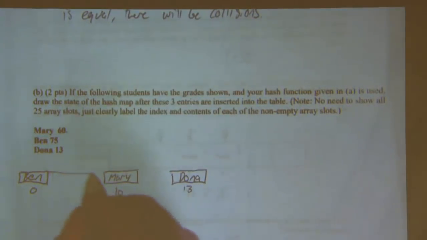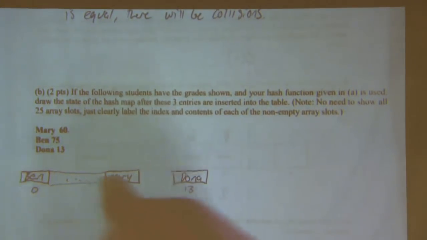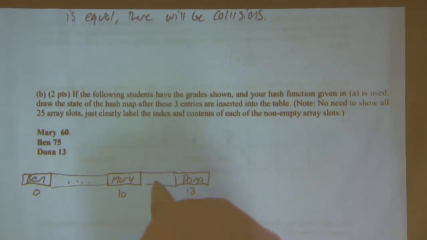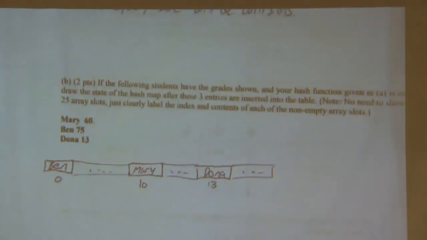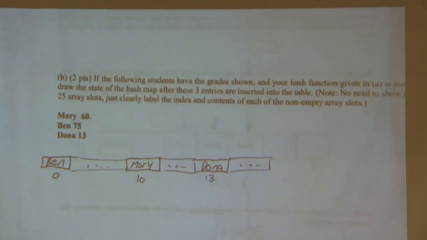And then I'll just say there's positions in between these. And that's all that happens: you take the grade, you mod it by 25, and that gives you your array index to store the name. Okay, does that make sense? Is anybody confused by that?